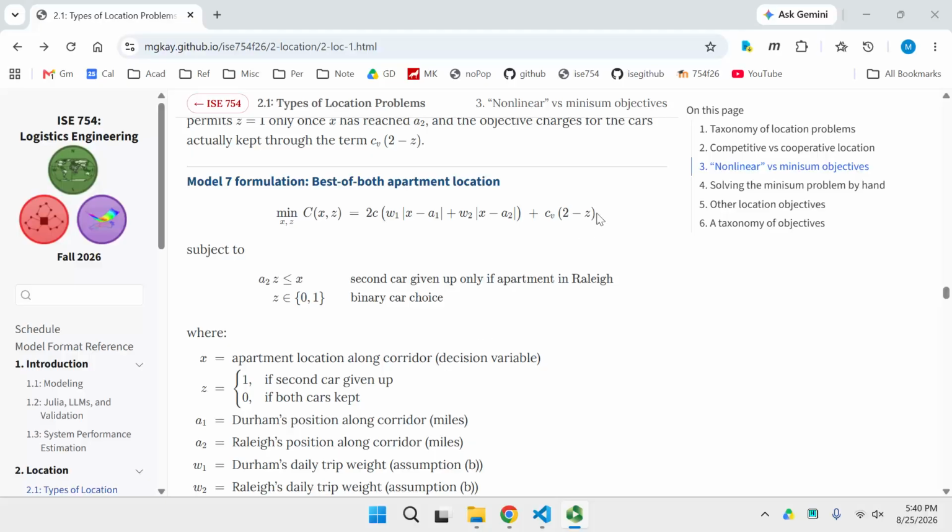And that variable z then goes into this objective function. And then if we give up the second car, then that value of 1 is subtracted from 2. So we only have 1 times the cost of the vehicle. If z is 0, then it's 2 times the cost of the vehicle. So that decision variable now is feeding into our objective function.